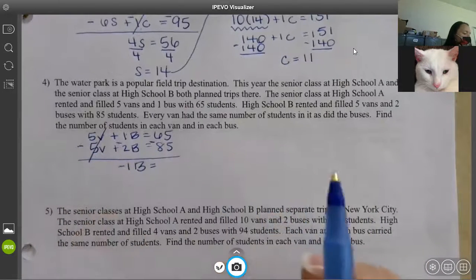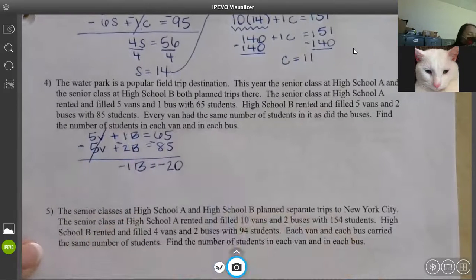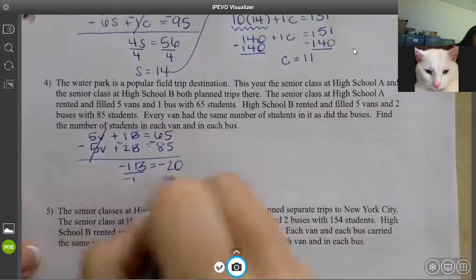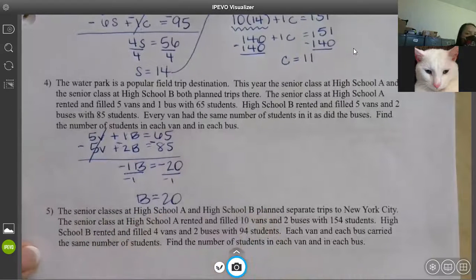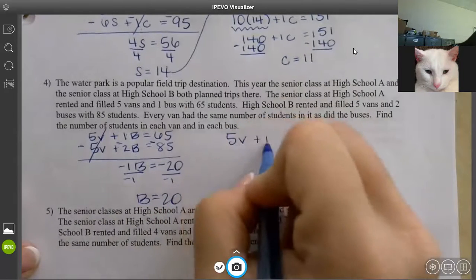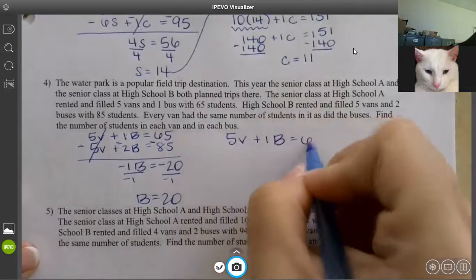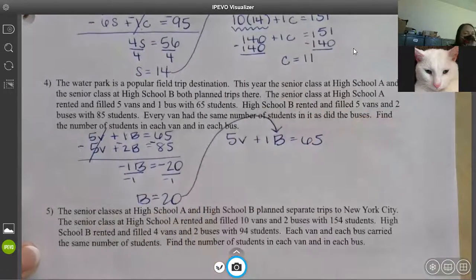We changed it so it's 65 minus 85 is negative 20. And then we have to divide by negative 1, so we get b equals 20. So buses have 20 students. Pick an equation, it doesn't matter which one: 5v plus 1b equals 65. And we're going to plug in the 20 for b.